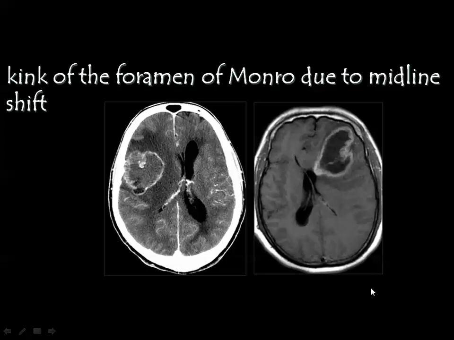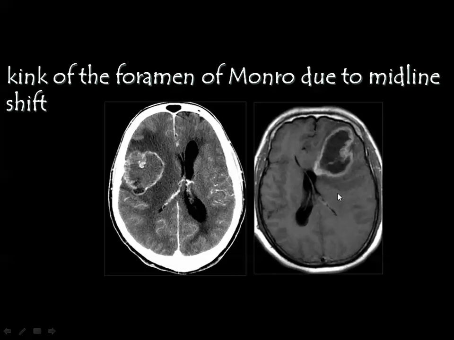And sometimes in brain tumors, you get a tumor like this with edema and marked mass effect on the right lateral ventricle. But if you look at the left lateral ventricle, you see that the ventricle is dilated, and this dilatation is because of the midline shift that leads to a kink of the foramen of Monro of the opposite ventricle and hinders the flow of the CSF, so the ventricle will be dilated.